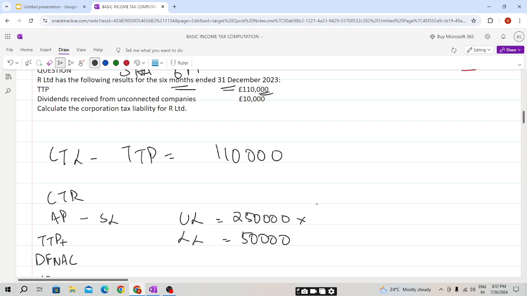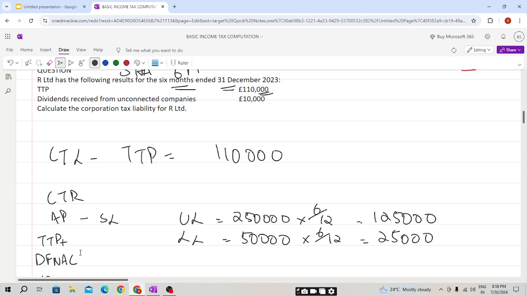The accounting period is short, only for 6 months. As we have seen that the limits will be for 12 months accounting period, but your accounting period is only for 6 months. We need to apportion it. So here it will be 250 divided by 125. Upper limit and lower limit is 25,000.